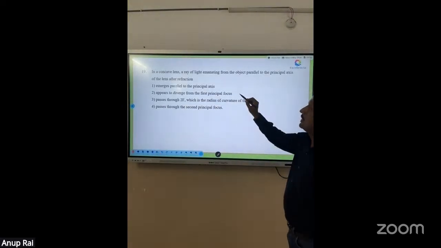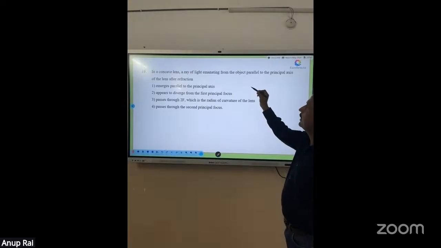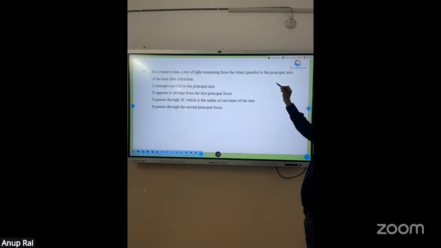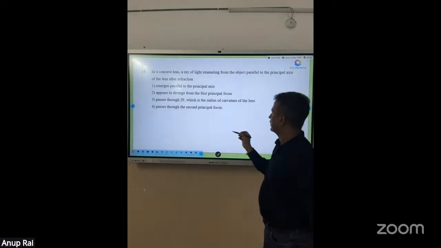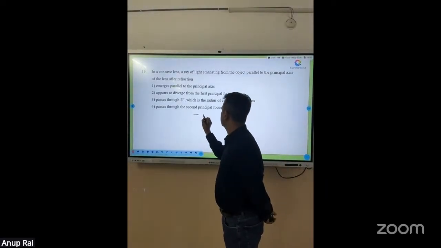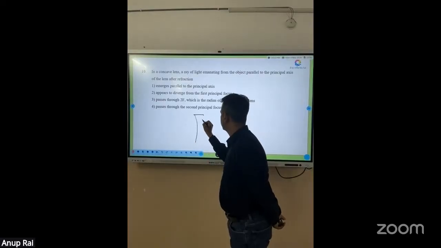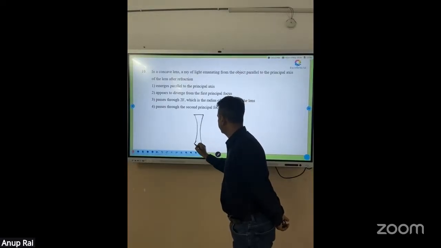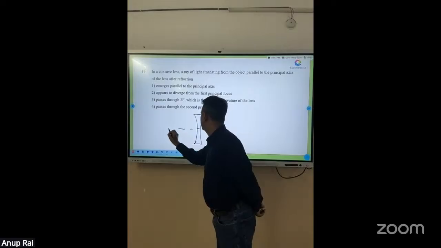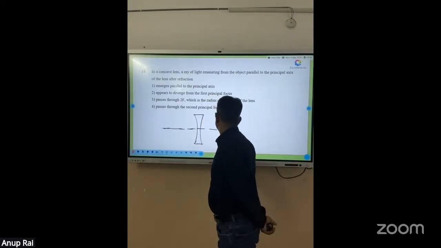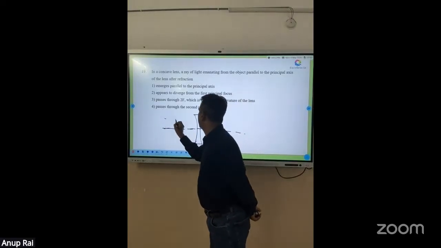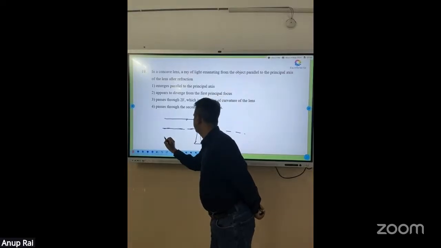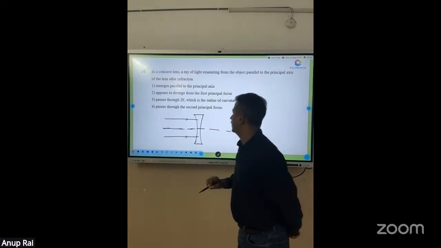In a concave lens, a ray of light emanating from the object parallel to the principal axis of the lens, after refraction. Look, this is the concave lens, this is the principal axis, and from the object, rays are coming parallel to the principal axis, right?